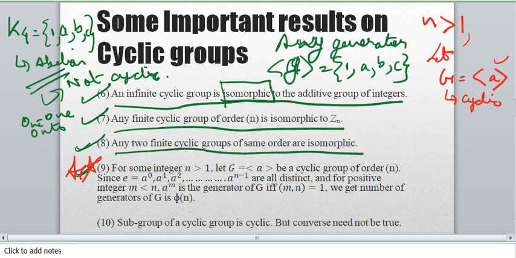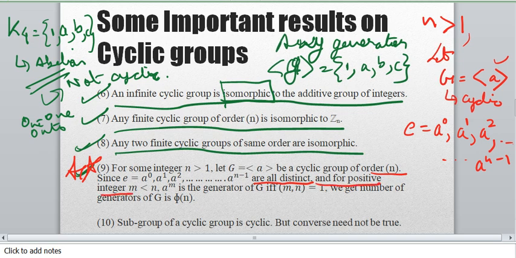It's a cyclic group of order n, since the identity e equals a to the power 0, a to the power 1, a square, and so on, right until a to the power n minus 1, are all distinct, all different.